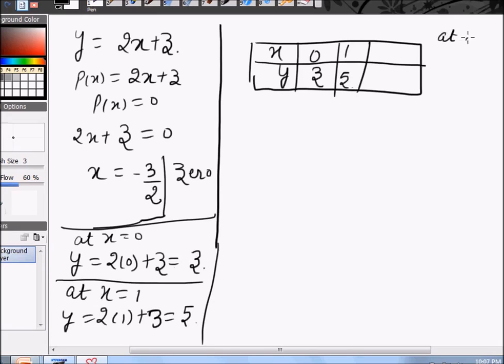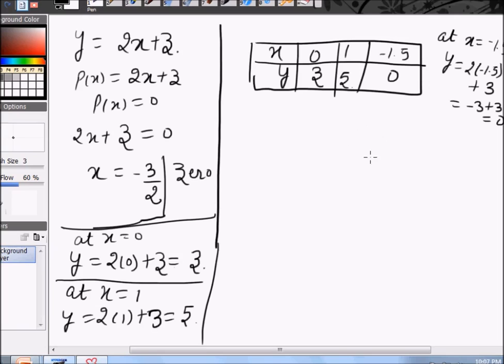At x equals minus 1.5, y equals 2 into minus 1.5 plus 3, which is equal to minus 3 plus 3 equal to 0.